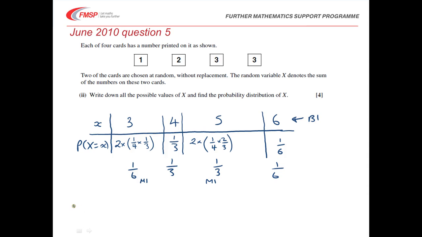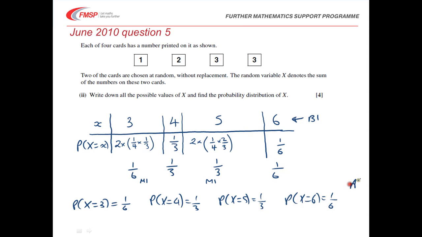So if you decided to write down, for instance, the probability of x equals 3 is a 1/6, probability of x equals 4 is a 1/3, probability that x equals 5 is a 1/3, and probability of x equals 6 is a 1/6, that would also give you the final accuracy mark, because it's not specifically asking you to write down the probability distribution as a table. Okay.